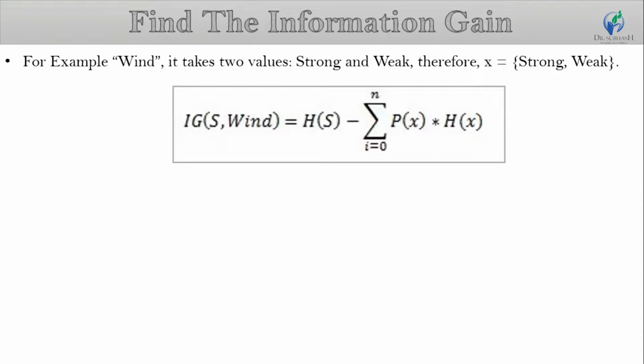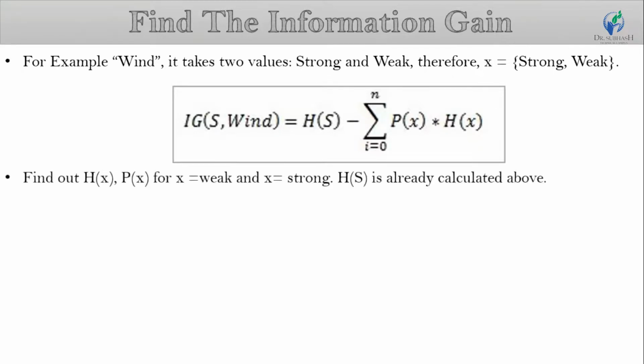Now we find out H of x and P of x for x equal to weak and x equal to strong. H of S is already calculated on the last slide. So we find the weak and strong values: weak occurs 8 times and strong occurs 6 times in our example.